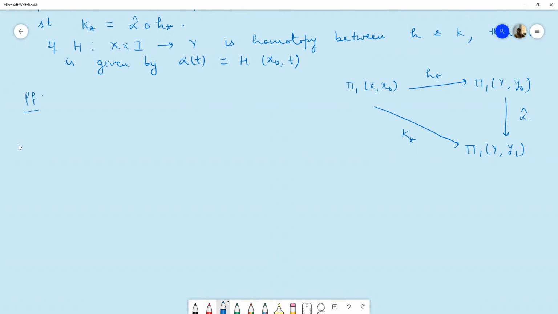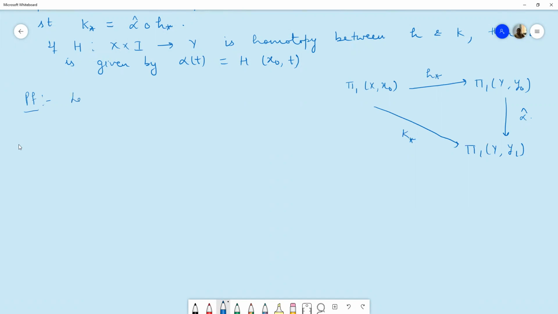So we have to prove basically this diagram is commutative. That is, k star is equal to alpha cap circle h star. So now the domain of both of these mappings, k star and alpha cap circle h star, that is the fundamental group of x with respect to x naught. So we have to prove that these two mappings are equal on path homotopy classes of paths based at x naught in space x.